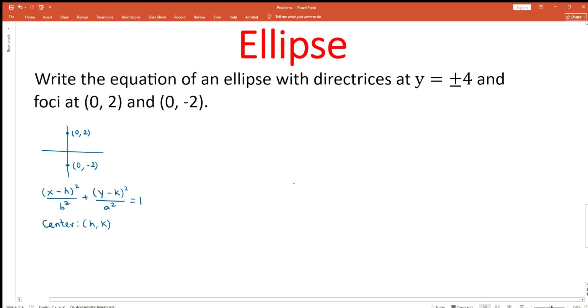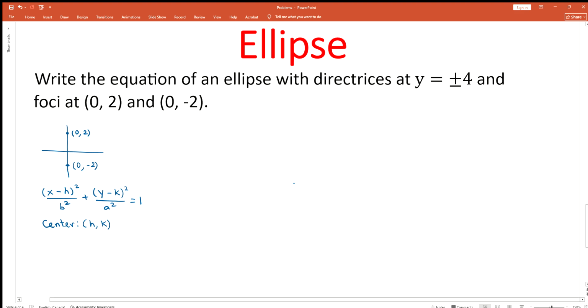We can use the given foci points to find the center of this ellipse. The center of the ellipse is the midpoint of the line segment that joins the foci points. We can use the midpoint formula to find the midpoint of the line segment that joins these two foci points.